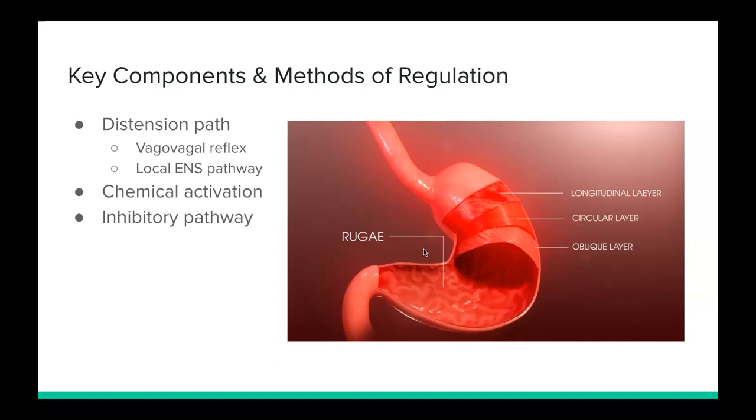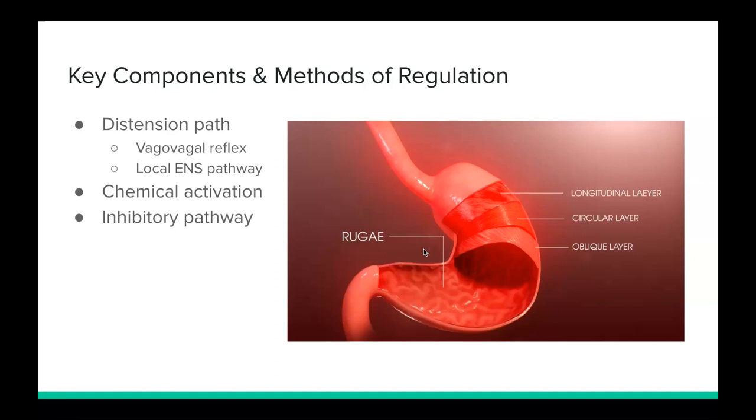Gastrin is a hormone produced by enteroendocrine G cells in the pyloric glands. And all three of these chemicals stimulate parietal cells to secrete hydrochloric acid and intrinsic factor. The chief cells secrete pepsinogen in response to gastrin, and especially acetylcholine. And acetylcholine also stimulates mucus secretion in the stomach.